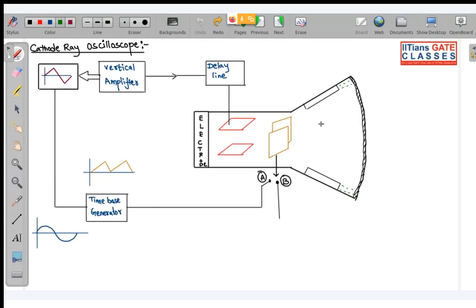Okay, cathode ray tube. Now, where have you seen this cathode ray tube? It used to be in your television set, if you have seen. There used to be a big conical screen like this. This is the front view, and this is the side view.